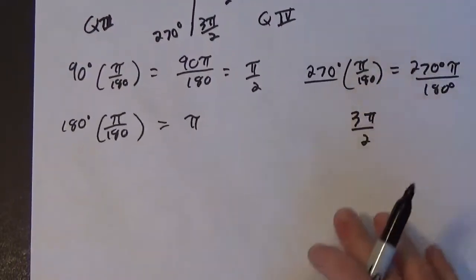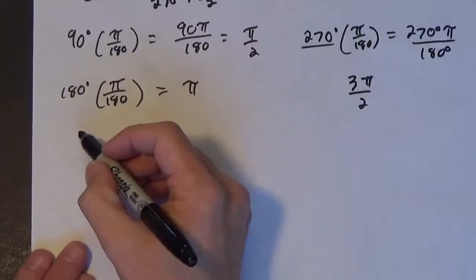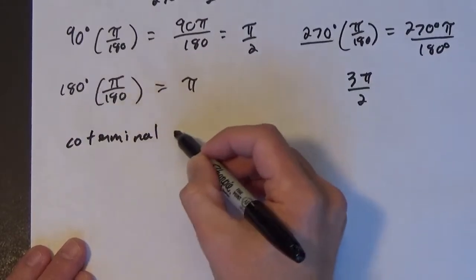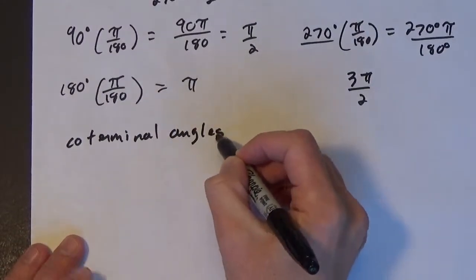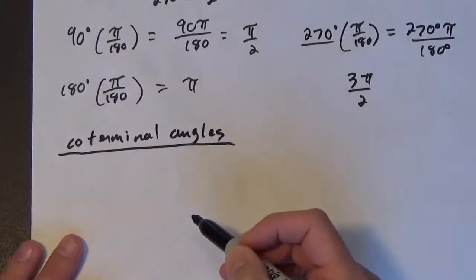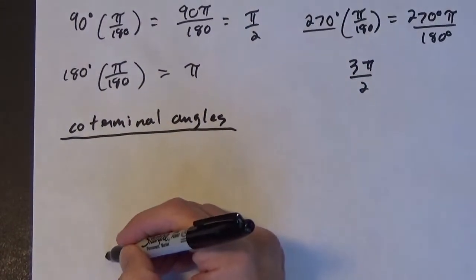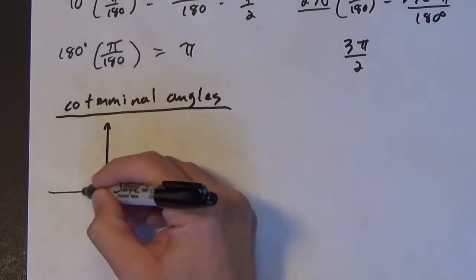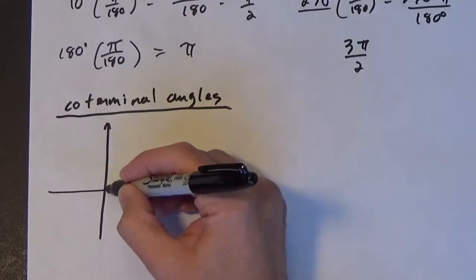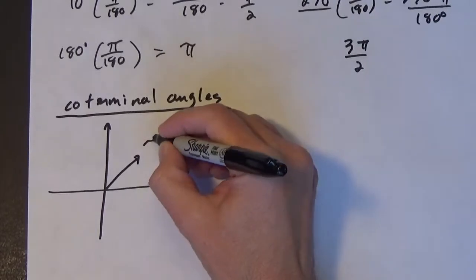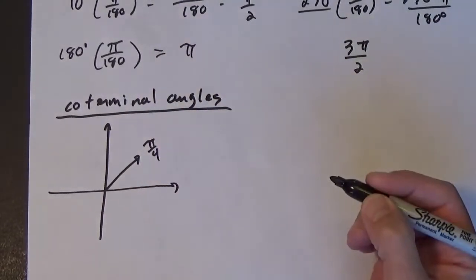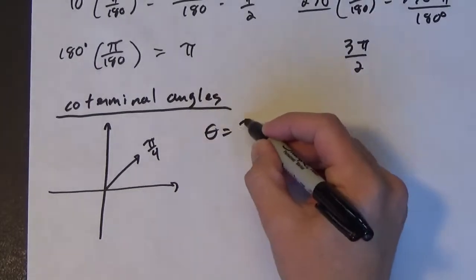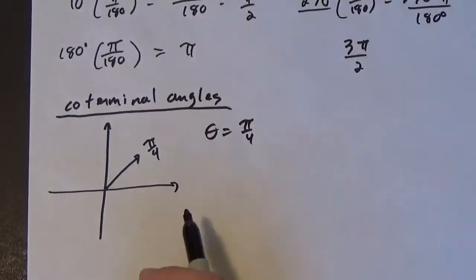Okay, so now let's go back to coterminal angles. So let's say we start off with pi over 4 radians. So theta is pi over 4, and we want a coterminal angle with that.